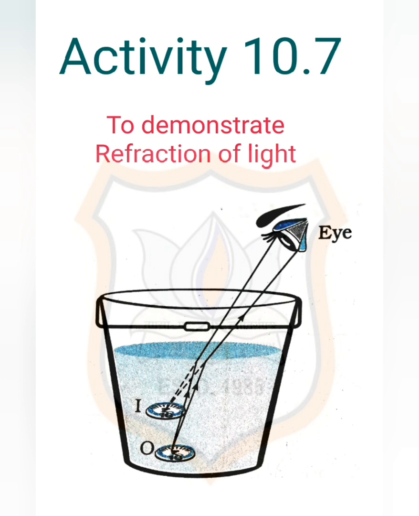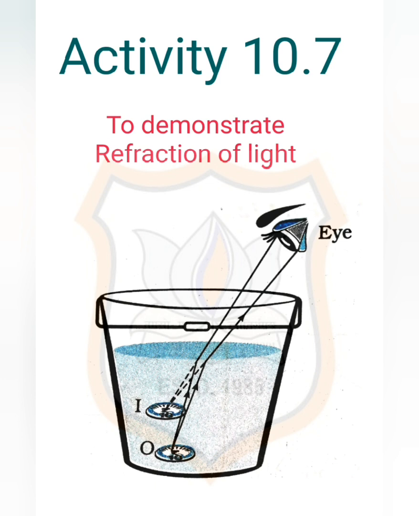This is because we move our hand up to I position where the coin is being observed. But actually the coin lies below I position, that is at O position, at the bottom of the bucket.